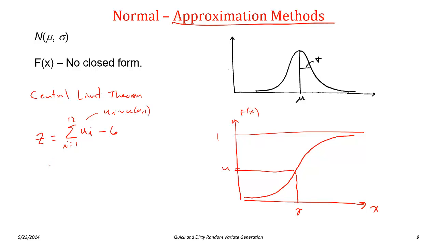It turns out that z will be approximately normally distributed with mean 0 and standard deviation 1. Now that we have our z values, we can use gamma equals mu plus sigma z, where mu and sigma are the parameters of the normal distribution that we'd like to sample from, and z is the value that we computed using the 12 independent ui's.